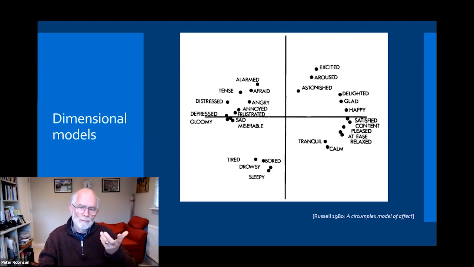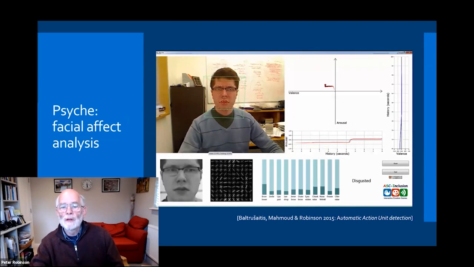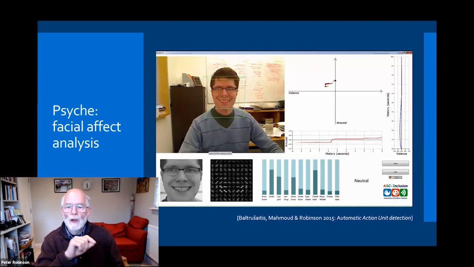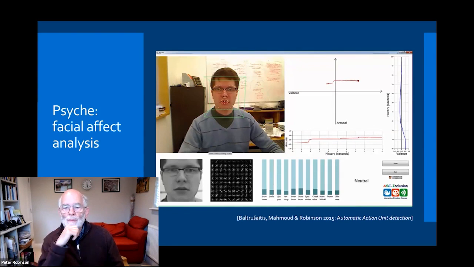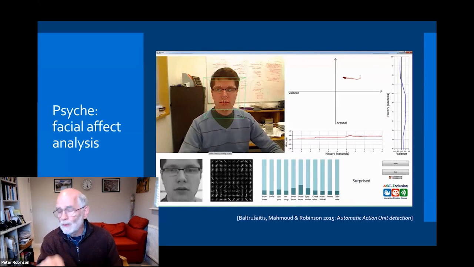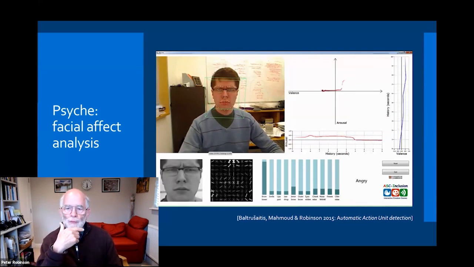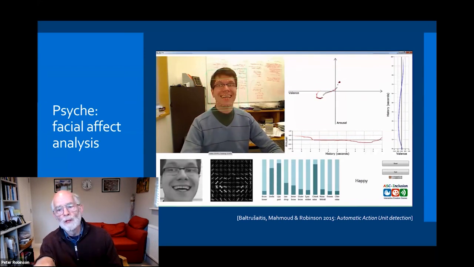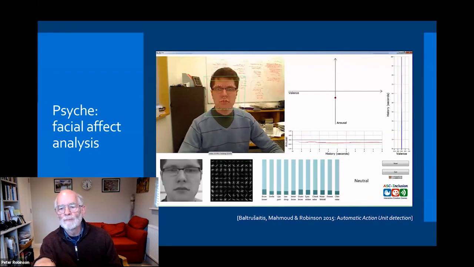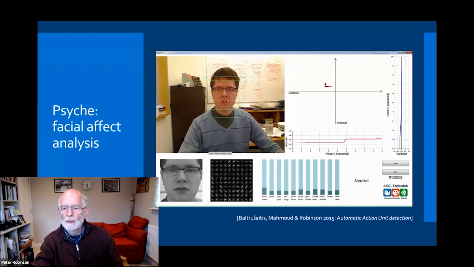So this is a later version of our recognition system, slightly different face tracker now. You can see the histograms across the bottom are showing the various action units, so brows raising, a smile forming, and so on. You can see the categorical labels appearing on the right, and also a trace wandering around the two-dimensional valence activation space at the top.